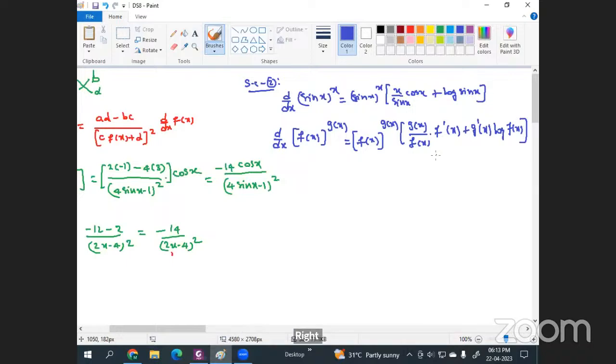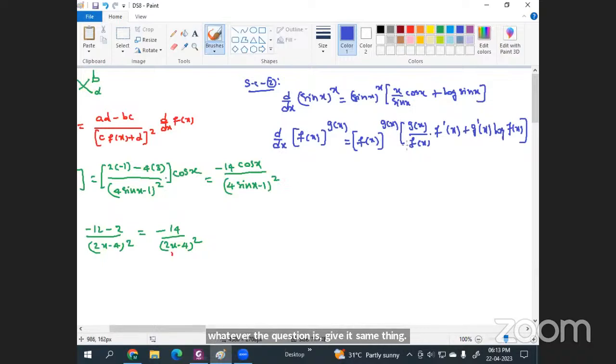Now to do such type of questions, how to memorize this result? It's not so complicated. It's very easy to memorize. Now, f of x to the power of g of x is equal to whatever the question is given, same thing you write: f of x to the power of g of x.